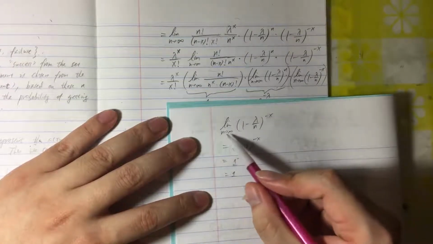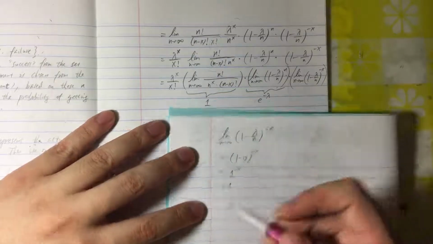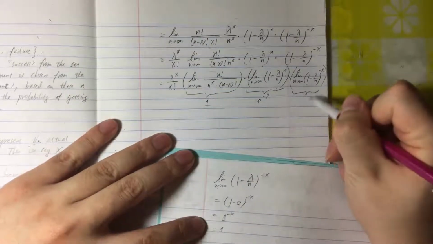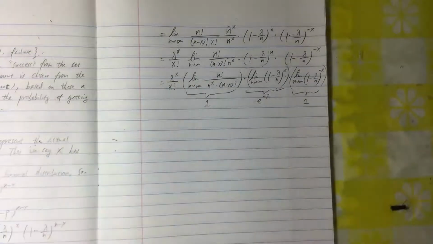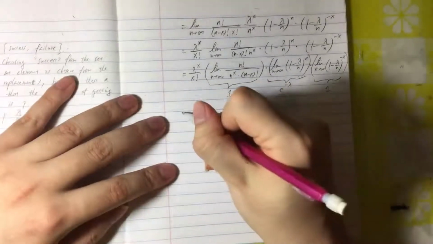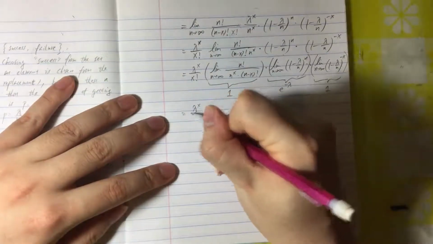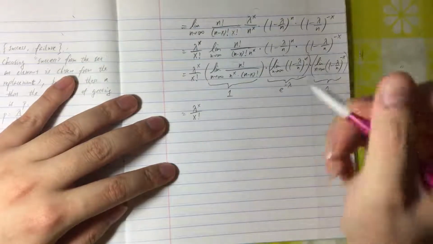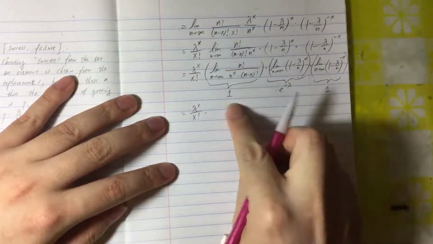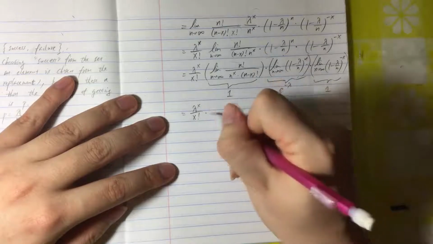So as n goes to infinity, this limit is 1. So together, we have lambda to the power x over x factorial times 1 times 1 times e raised to negative lambda.